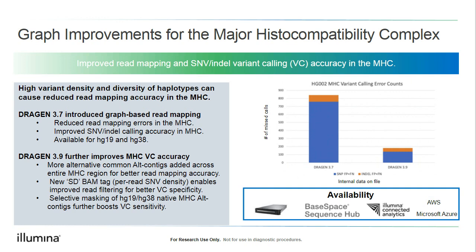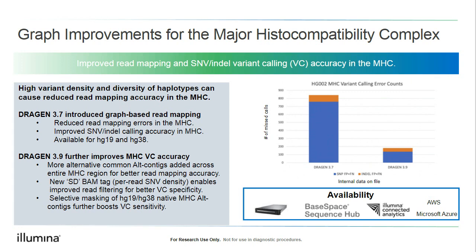So what we have done in the 3.9 release is introduce additional alternate contigs which are added across the MHC region. The reason to add those is that it helps us get better read mapping accuracy. There is a new BAM tag called SD that we have also included in the BAM, and that helps us do better read filtering to improve the variant calling specificity.